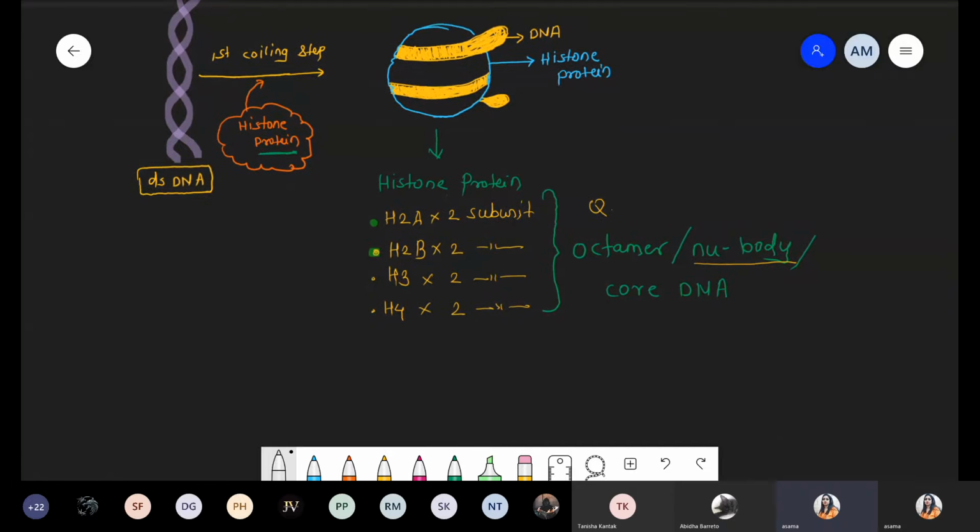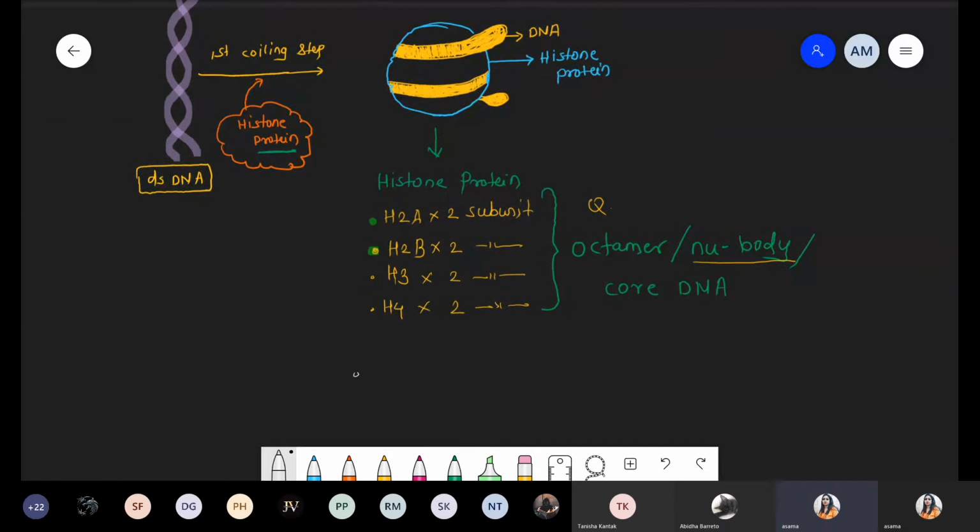This structure typically, the DNA covers the histone protein for one complete turn, 1 plus 3/4. Question: when we talk about the structure of the octamer associated with DNA, how many turns does the DNA make? Definitely it shows 1 complete and 3/4 turn. It's not 2 complete, okay?